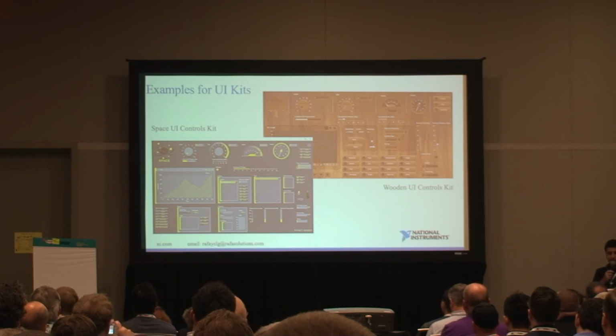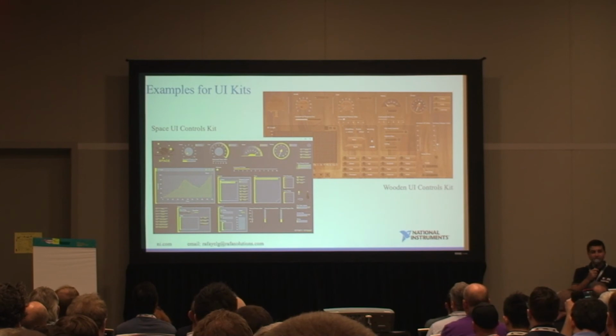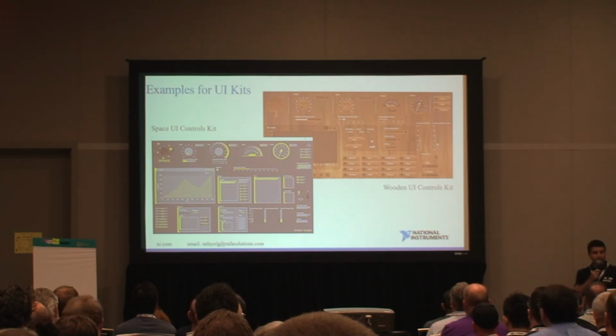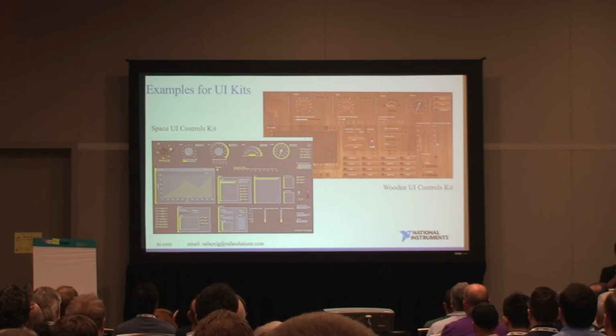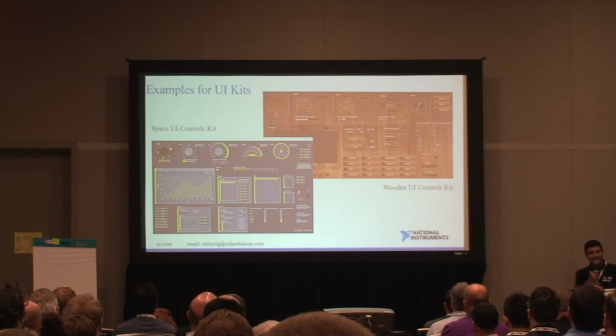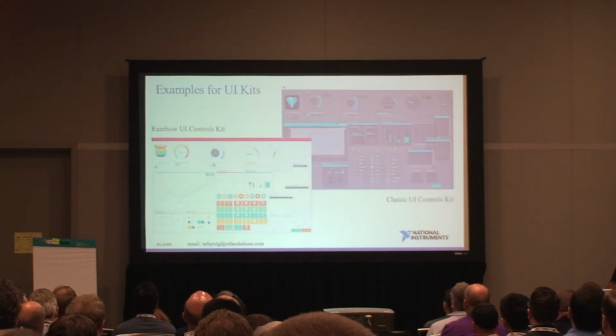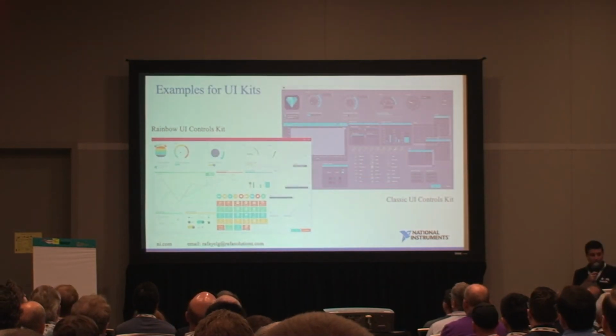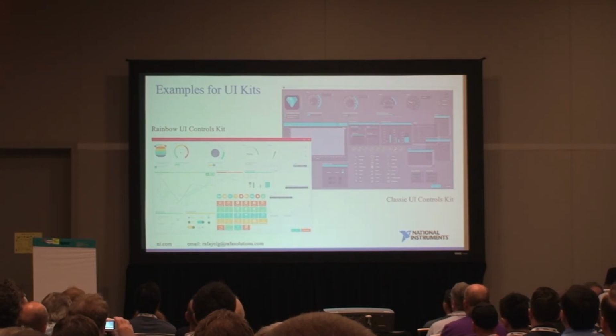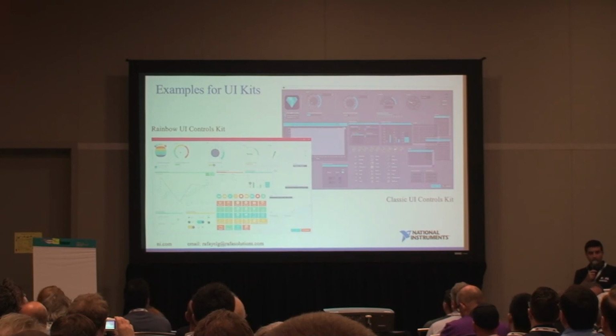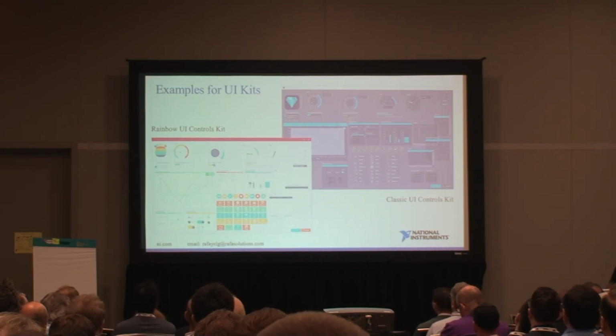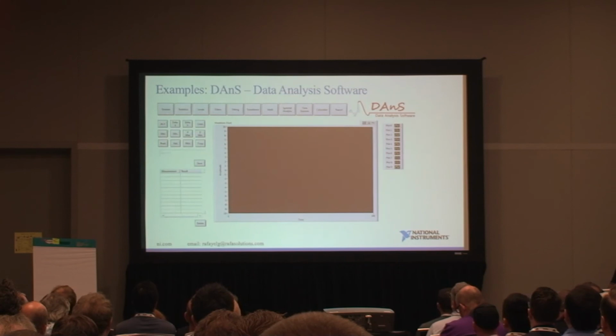A very fancy one has a wooden interface, which you could use if you are developing a menu for some restaurant with LabVIEW, or for some other application, just an interesting one. The others include these rainbow colors, a very flat controls UI kit very similar to Windows 10 style, and another one, the classic UI controls kit.